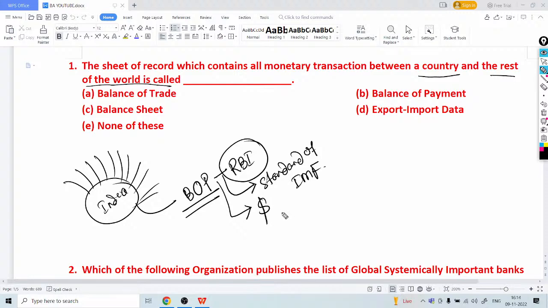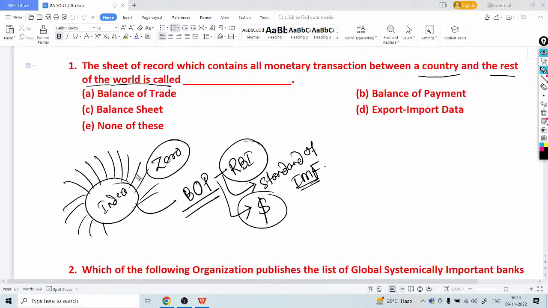It is an international standard, maintained in US dollars. So if you add all the countries' balance of payment, then at the end of the day you will get the result of zero.